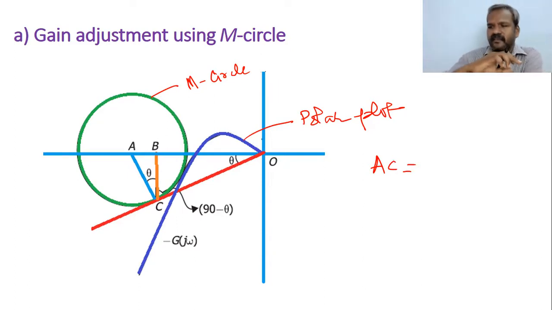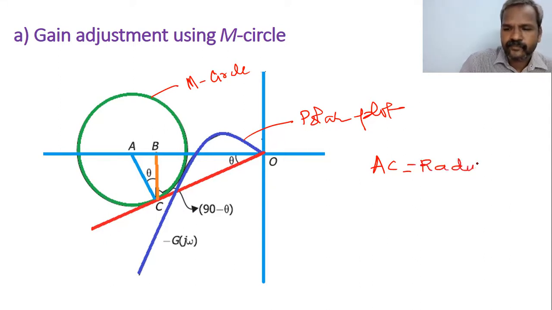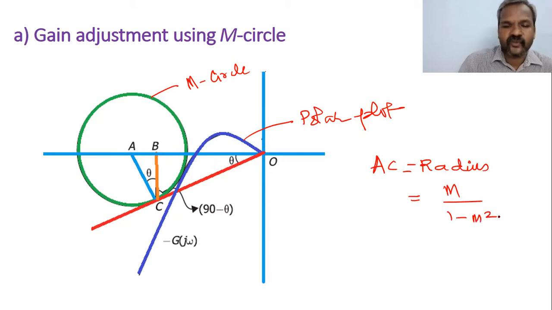What is the radius value? The radius value is M by 1 minus M square, right? That is AC. AC is the radius of the M circle, whose value is M by 1 minus M square.